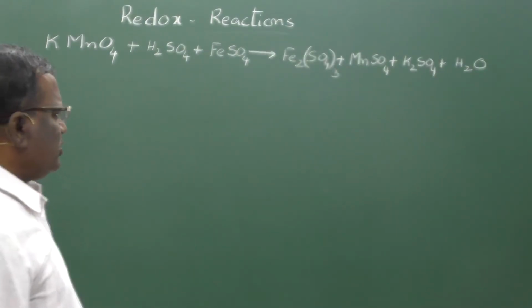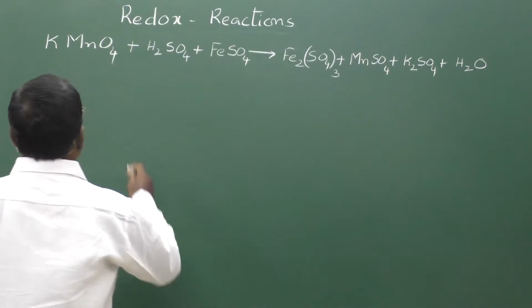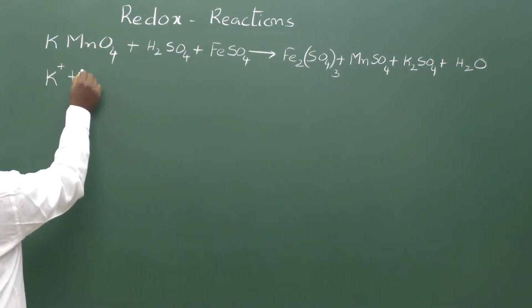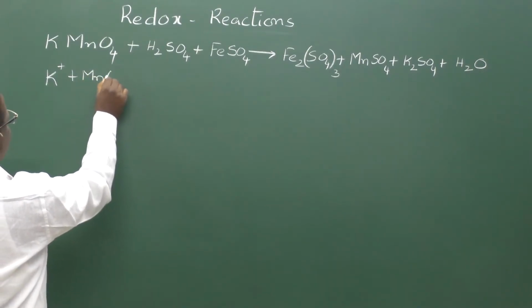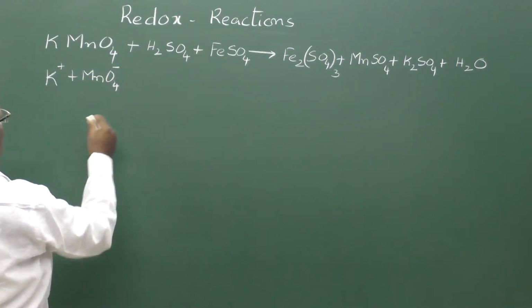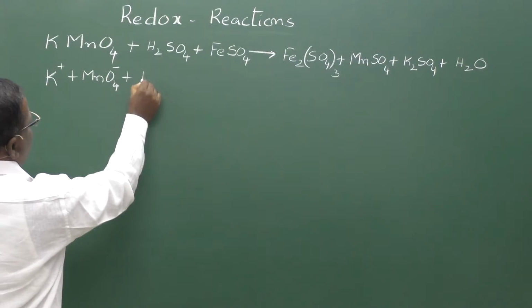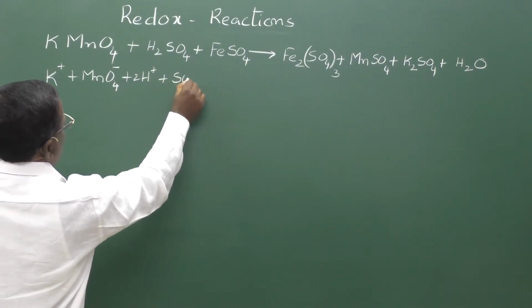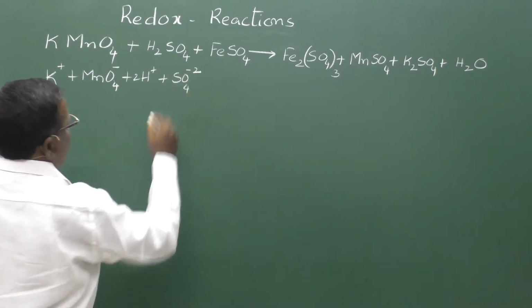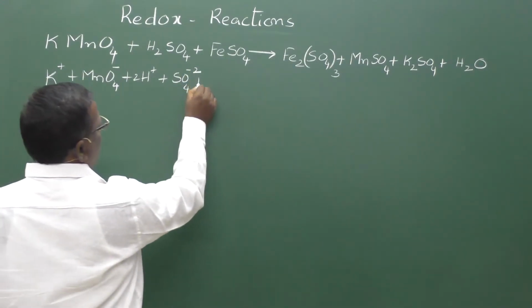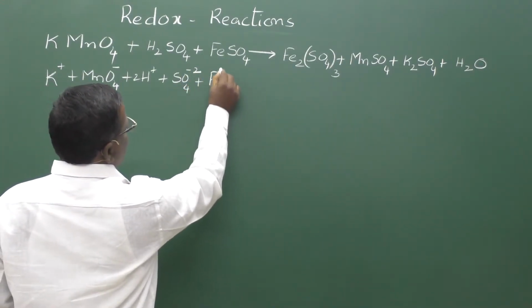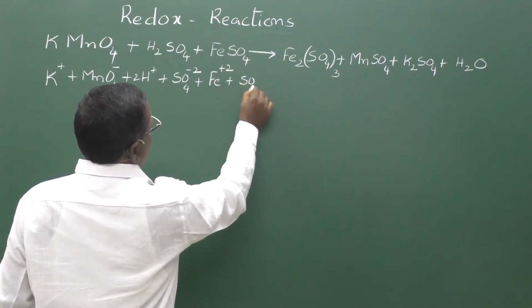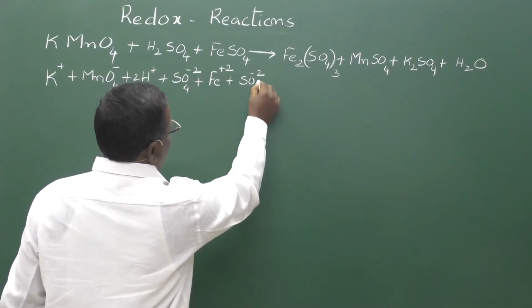In aqueous solution, KMnO4 ionizes as K plus and MnO4 minus. H2SO4 ionizes as 2H plus and SO4 minus 2. FeSO4 ionizes as Fe plus 2 and SO4 minus 2.